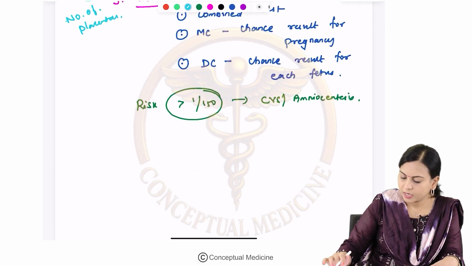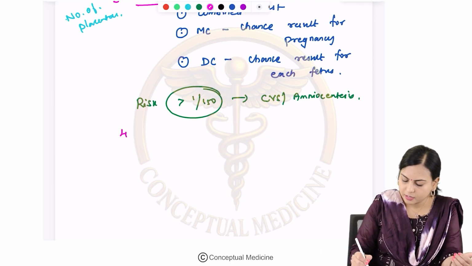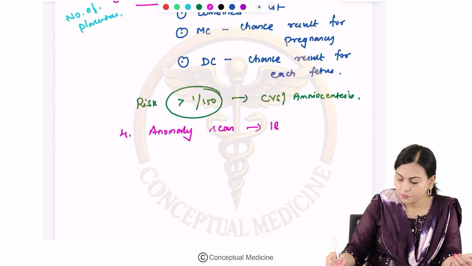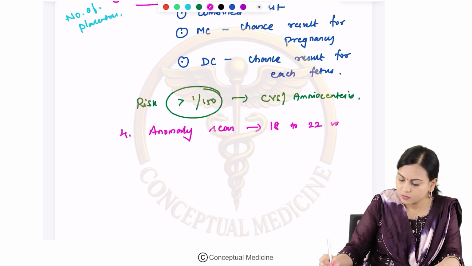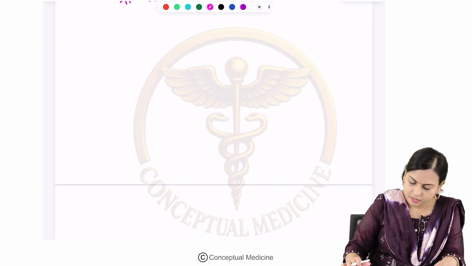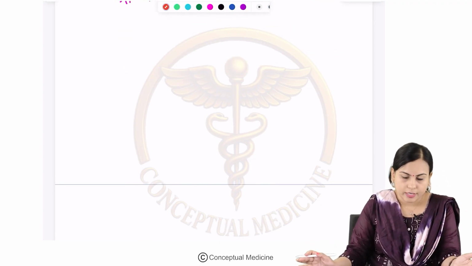After this, what will we do in ultrasonogram follow-up? We will do an anomaly scan, which is usually done between 18 to 22 weeks. Now, we will discuss dichorionic twins.